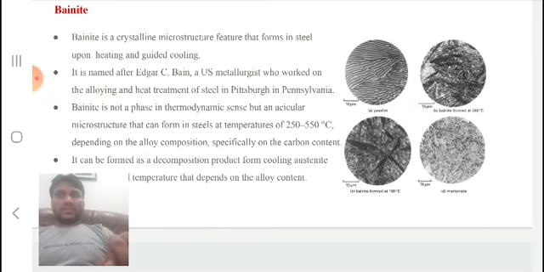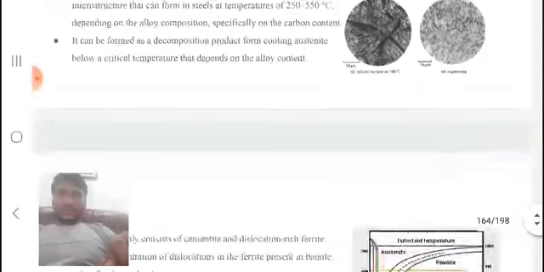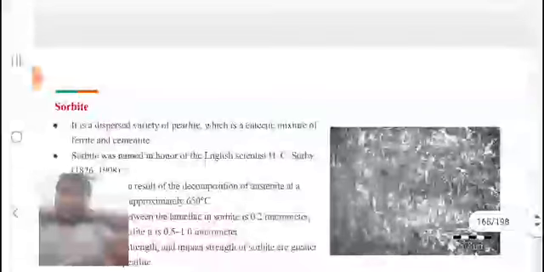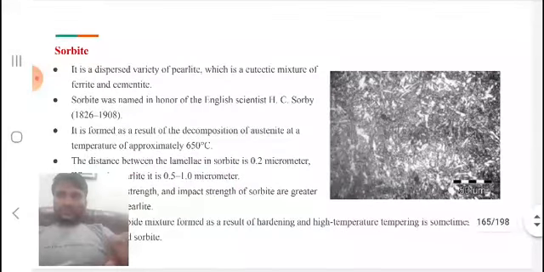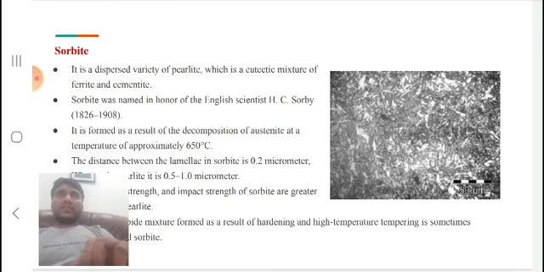So in the previous sessions we have discussed the formation of bainite and martensite. Now let us see the formation of sorbite. Sorbite is nothing but a dispersed variety of pearlite.